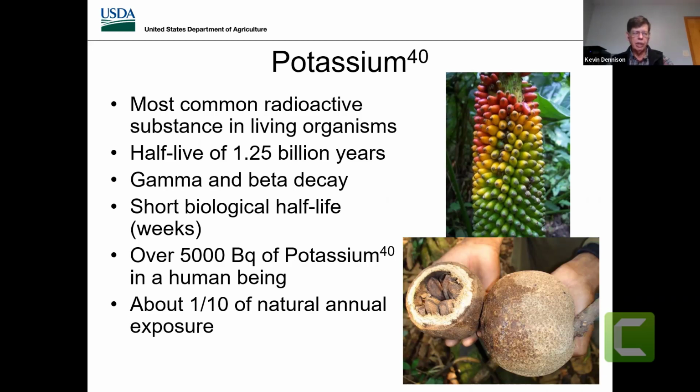And potassium-40 stays stable because it's present in all forms of potassium on Earth. There's about 5,000 becquerels, in other words, 5,000 disintegrations of potassium-40 per second within your body, and it accounts for about 1/10 of the natural annual exposure. I hope that allows you to see that we live in a pretty radioactive world.